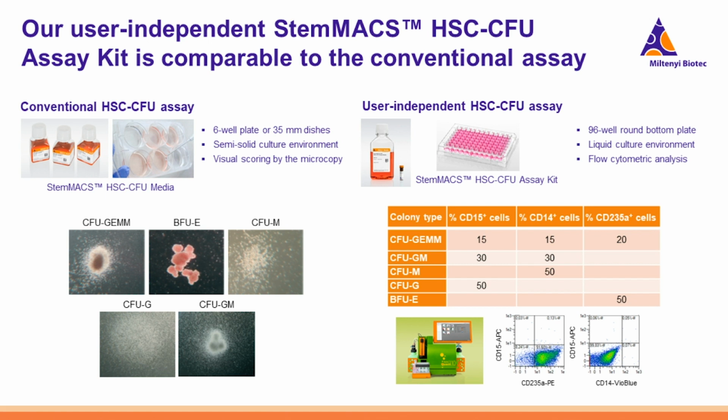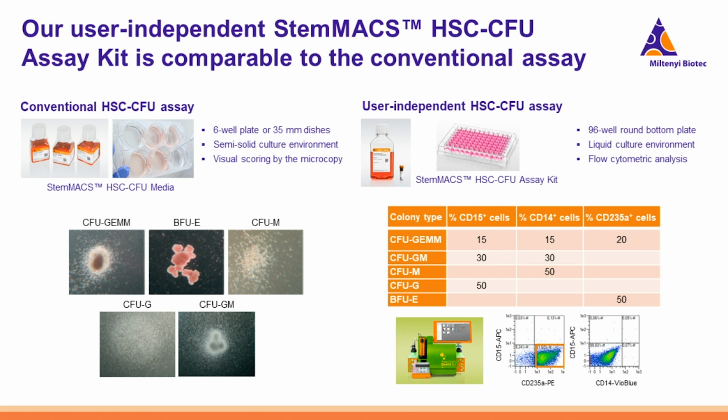Compared to the conventional assay, the user-independent StemMax HSC CFU assay kit is performed in round-bottom 96-well plates in a liquid environment. After proliferation and differentiation, the generated colonies are stained and analyzed by flow cytometry. The flow cytometric readout is user-independent and provides clear results.